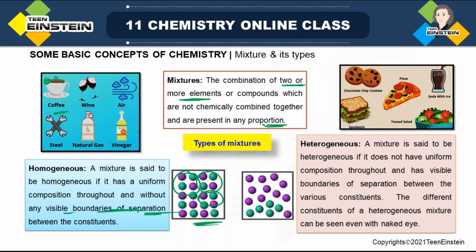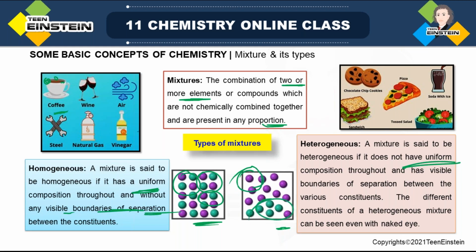A mixture is said to be heterogeneous if it doesn't have uniform composition. That is the main difference between these two. Here uniform composition is not present, but in homogeneous it is present. That is also clear from this picture of these two colored balls.